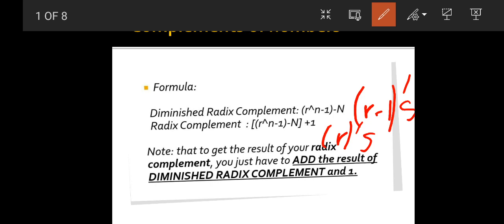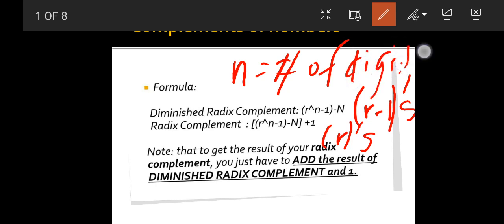So the formula for your diminished radix complement is r raised to the power of n, minus 1, minus N, where your small n will serve as the number of digits and your big N will serve as the given value.